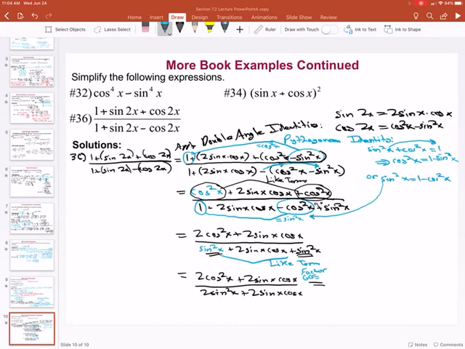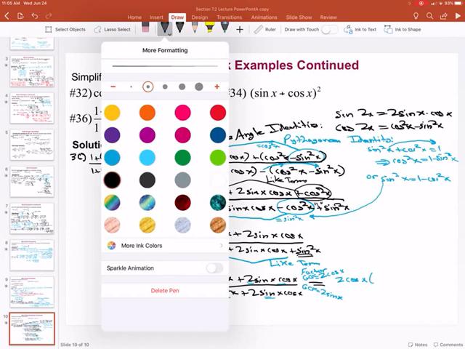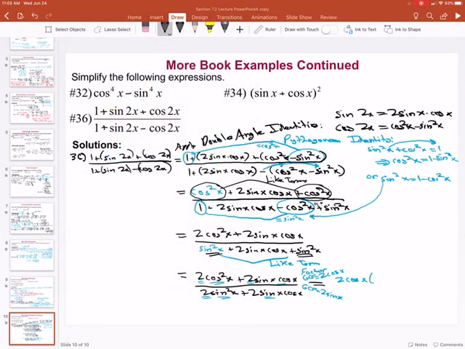So what's our GCF in the numerator? We've got a 2 and a cosine x. And in our denominator, what's our GCF? We've got a 2 and a sine x. So let's bring those out. As we factor out the GCF of 2 cosine x in the numerator, we're left with a cosine x plus a sine x.